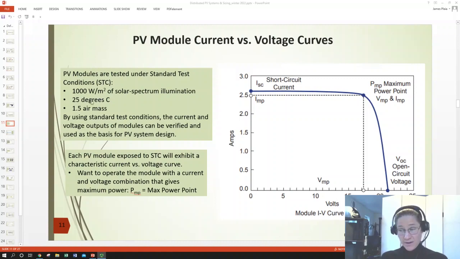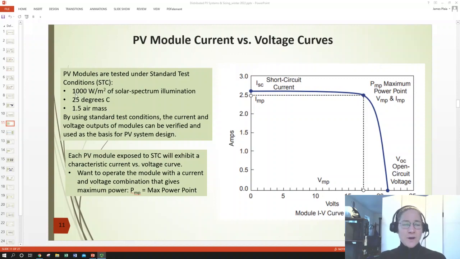You're going to do it at 25 degrees, and you're going to do it with a certain air mass density, 1.5 air mass, which very likely corresponds to sea level. So obviously if you have very dense air or very, very high humidity, you can have a little bit of scattering. You won't have quite as much intensity of this light hitting your panel.